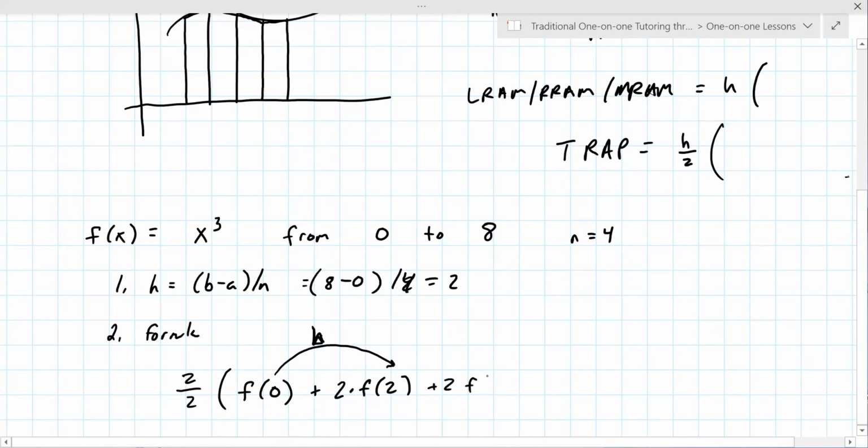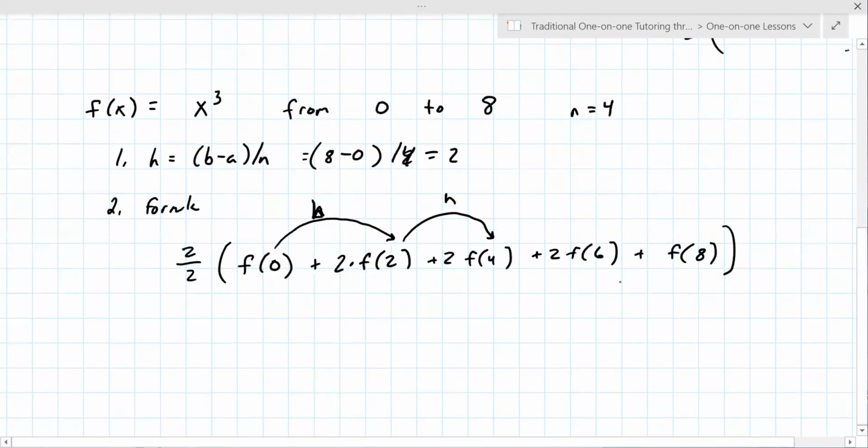Plus 2 times f of 4, so it's another h. And then 2 times f of 6, but then when you get to the end, it's just f of 8. It's almost easier to describe in words, but still a little awkward. It's 2 times the interior points, but the endpoints are just the ones that you don't have twice.